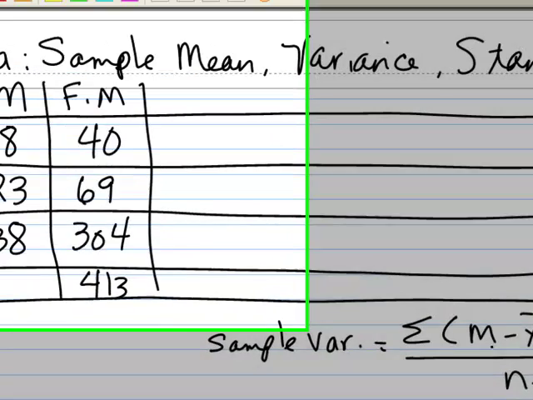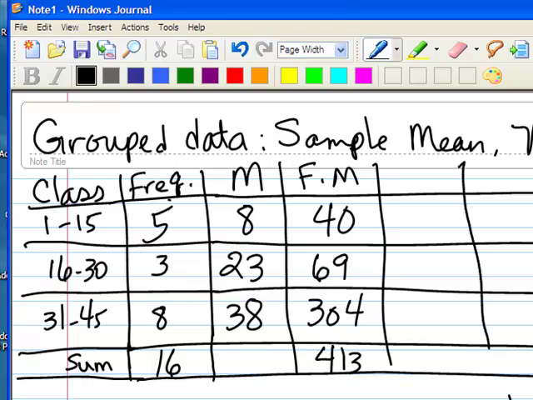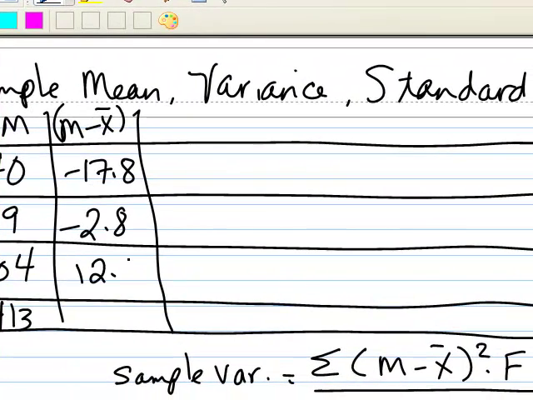So we must first compute m minus x bar, where x bar is 25.8. 8 minus 25.8 is negative 17.8. 23 minus 25.8 is negative 2.8. 38 minus 25.8 is 12.2.